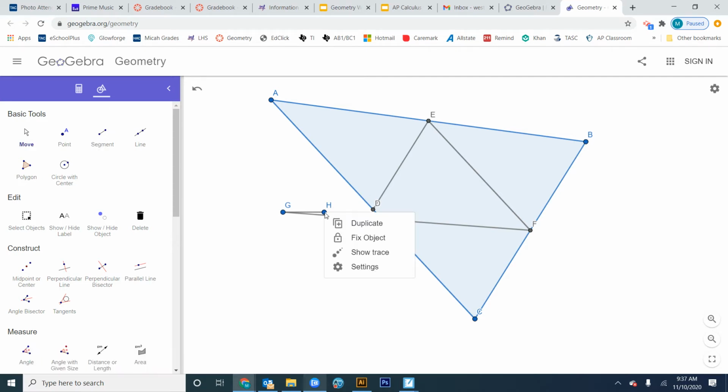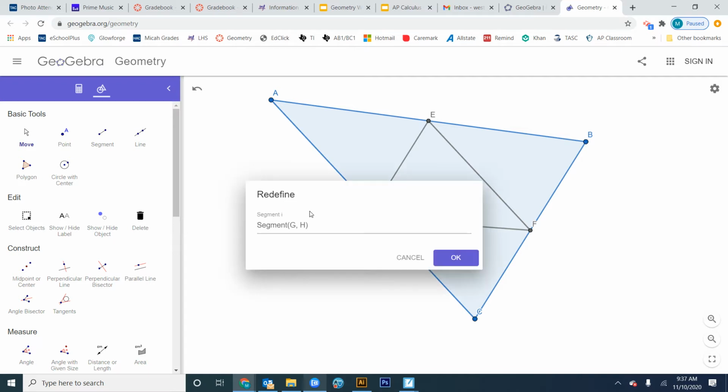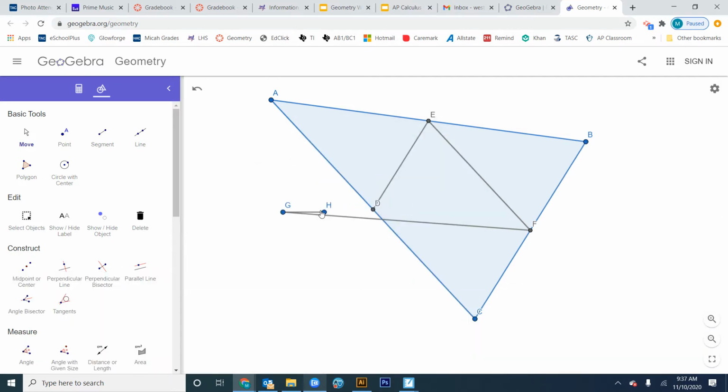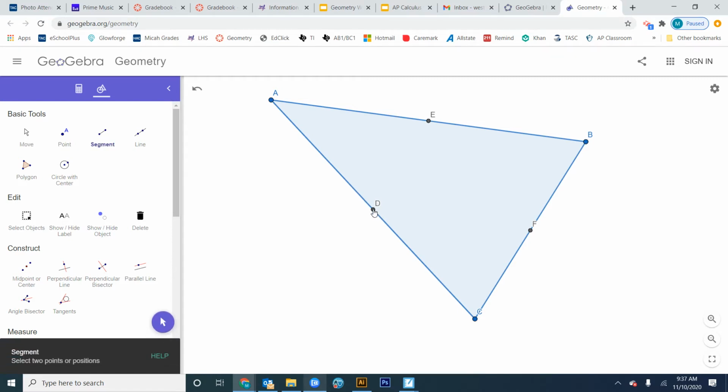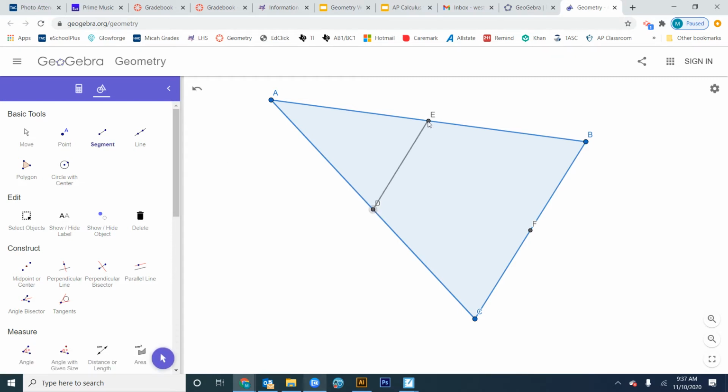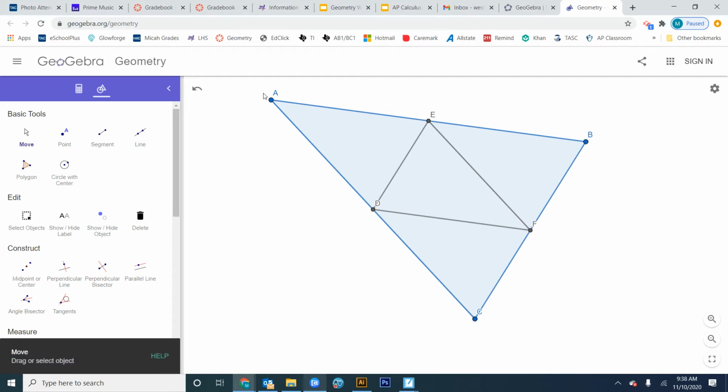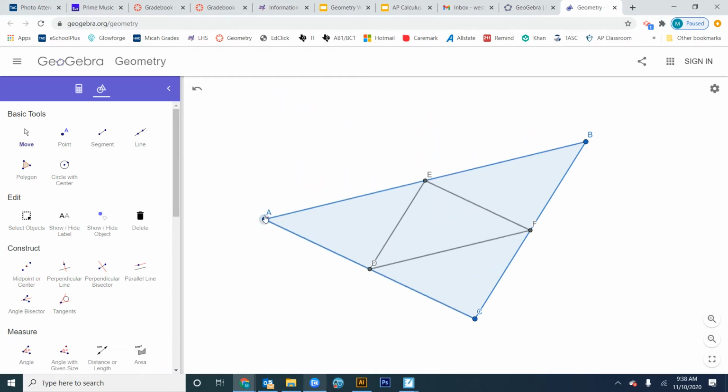Easier if I just did it again. All right, segment from D to E. Easy. F to D. There we go.